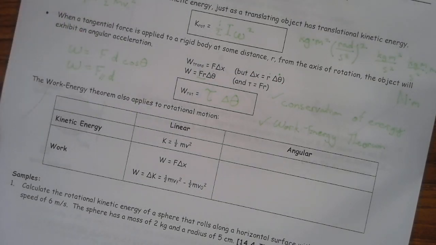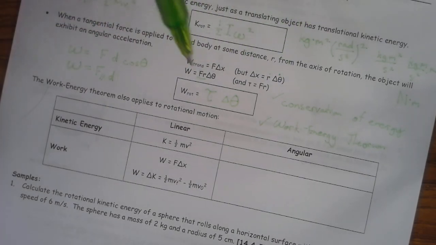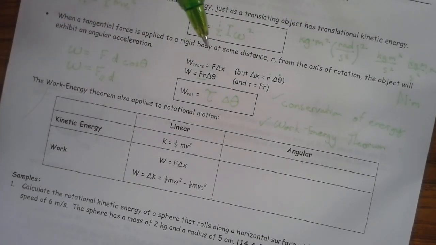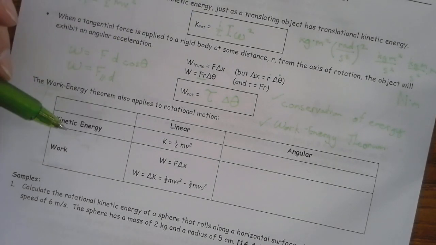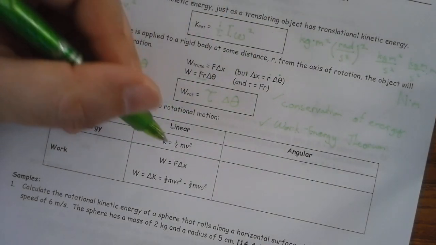Work energy theorem, what was that? It's exactly like it sounds, guys. Work is the change in kinetic energy. So work changes energy. Doing work adds or subtracts kinetic energy. Kinetic energy for linear, we have 1/2 mv squared.